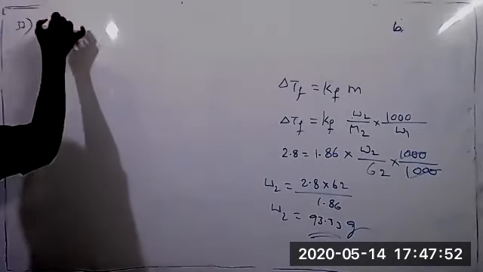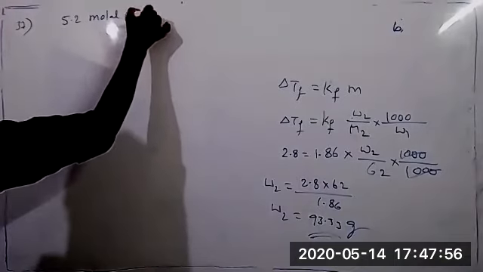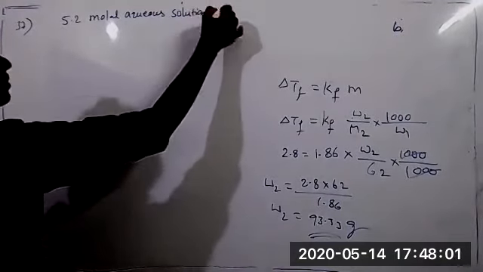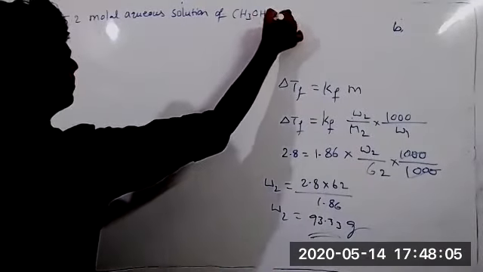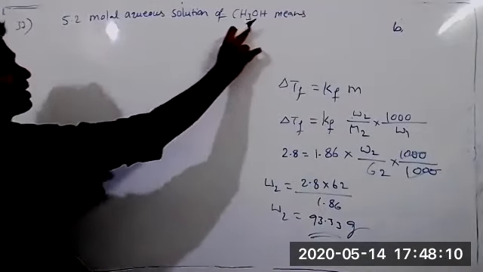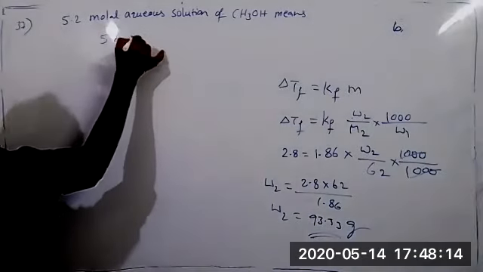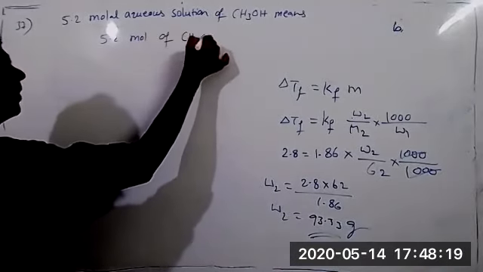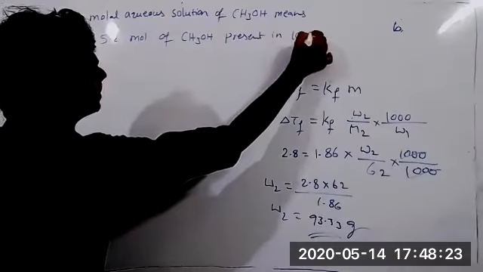5.2 molal aqueous solution. A 5.2 molal aqueous solution of methanol means 5.2 moles of CH3OH present in 1000 grams of water.